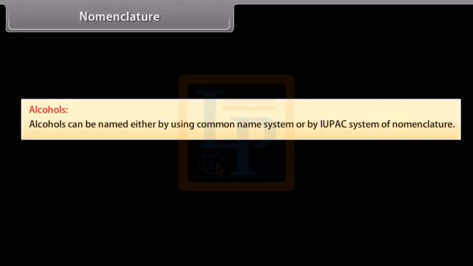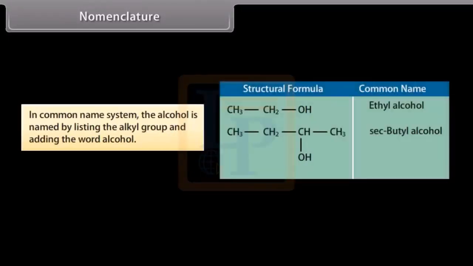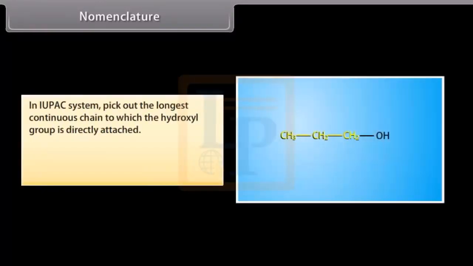Nomenclature. Alcohols. Alcohols can be named either by using common name system or by IUPAC system of nomenclature. In common name system, alcohol is named by listing the alkyl group and adding the word alcohol. In IUPAC system, pick out the longest continuous chain to which the hydroxyl group is directly attached.